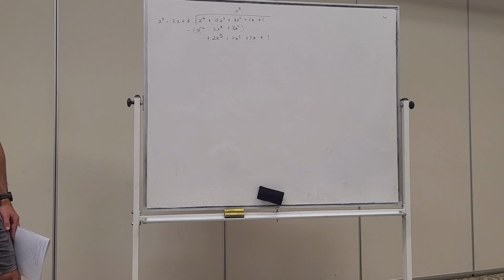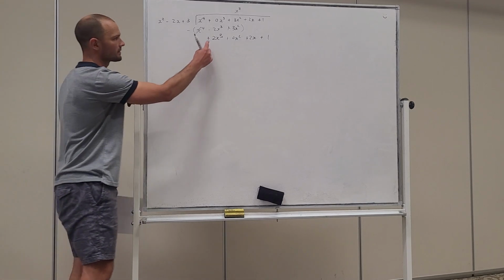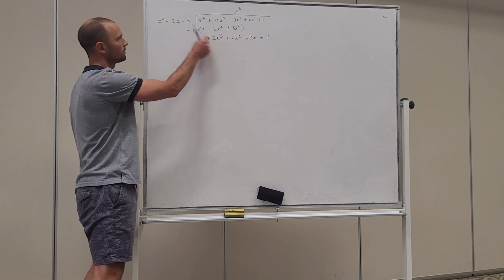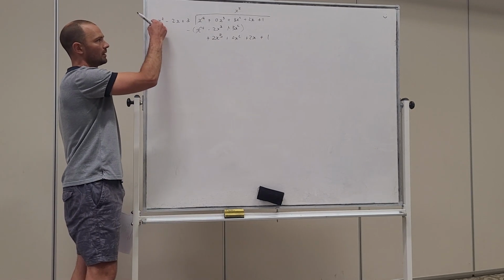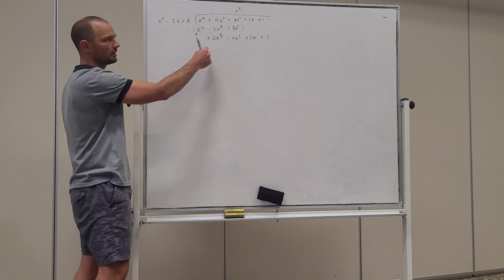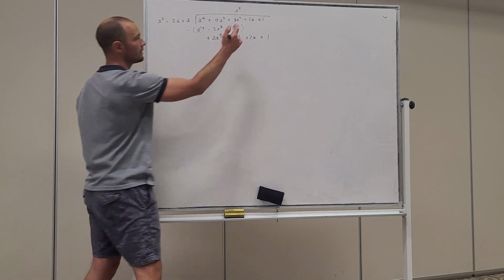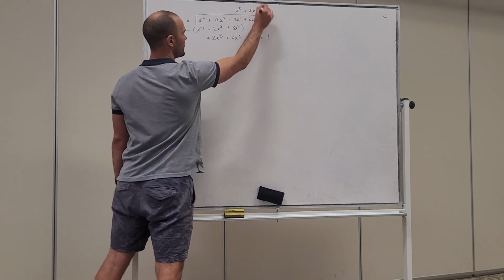Alright, and then like we were doing before, we've got 2x to the 3 here, and we go, what do I multiply x squared by, that's my leading degree over here, to get 2x to the power of 3? Plus 2x.